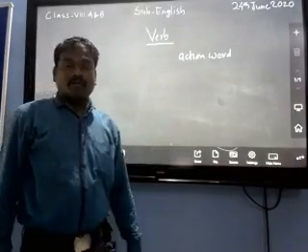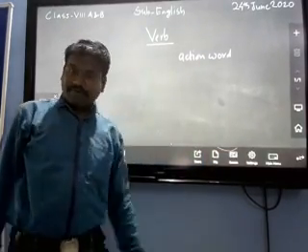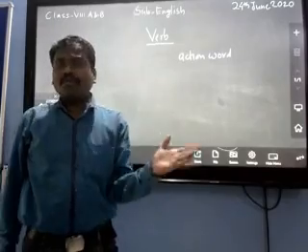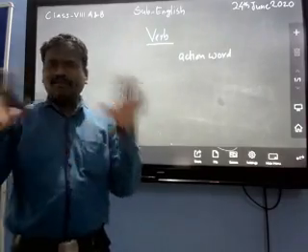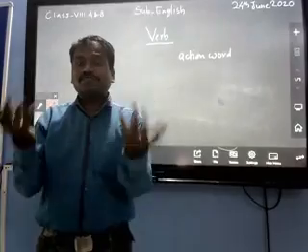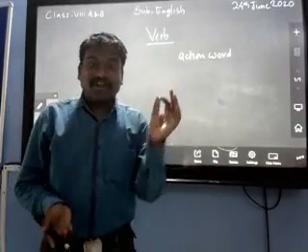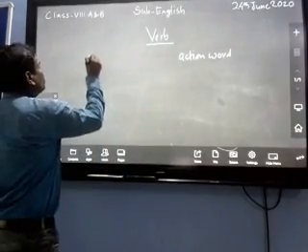Now, they are correct also. The verb can be the action word. But if we see simply this action word, it would be a very limited definition of the verb. One more concept is the stating word. This verb is also the stating word.